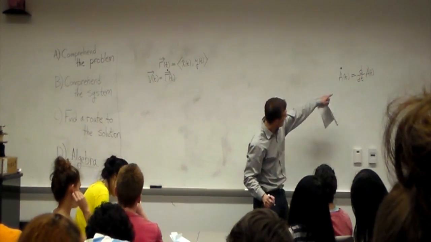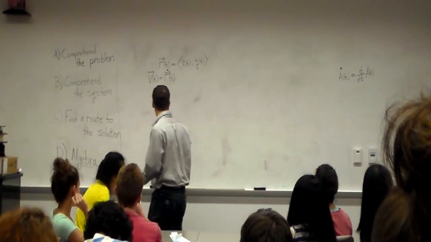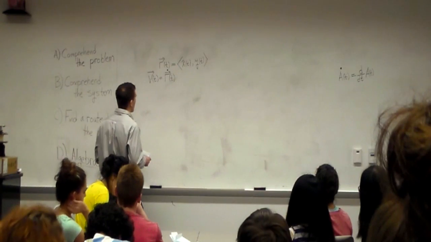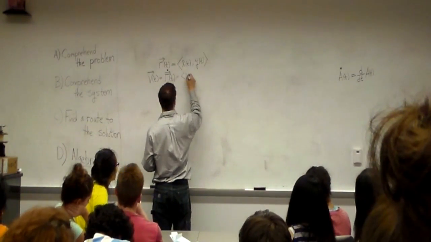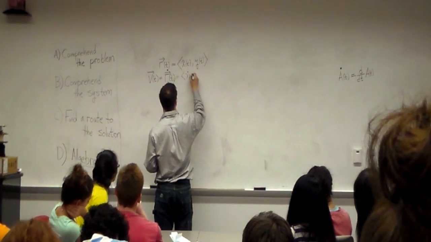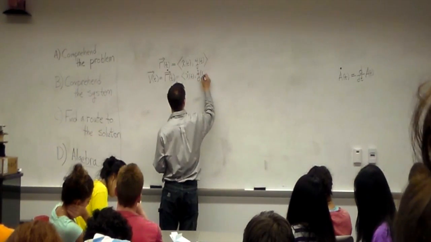Okay, but this is a pain in the butt to write, so the dot. Okay, and so this is then going to be written as x dot of t and y dot of t.